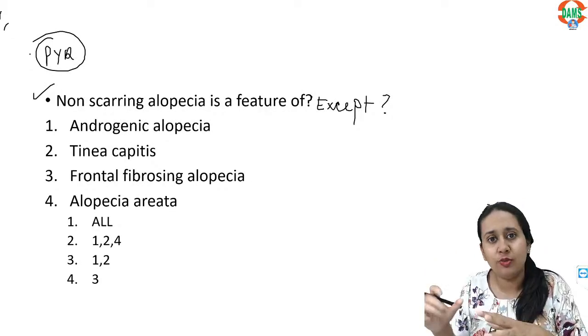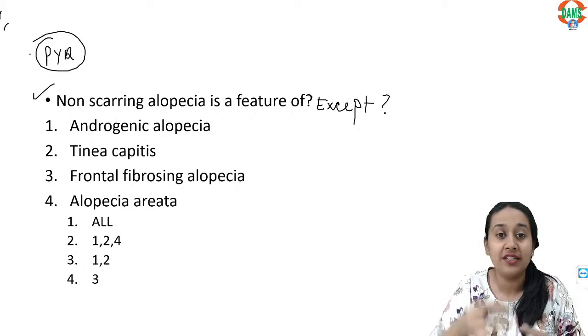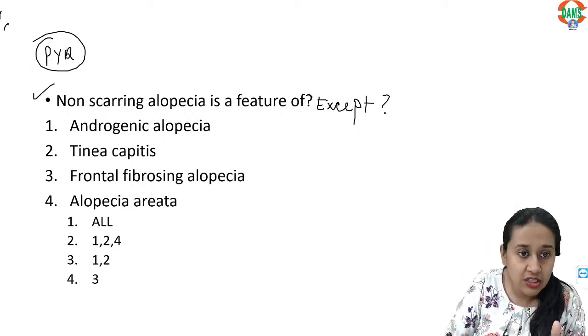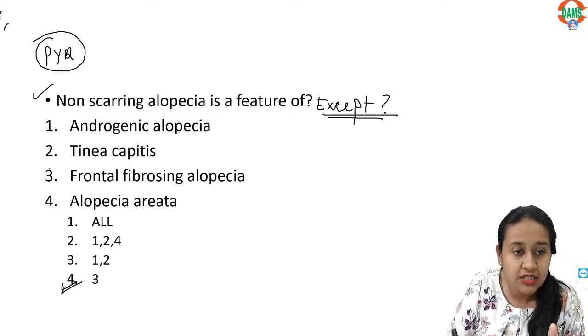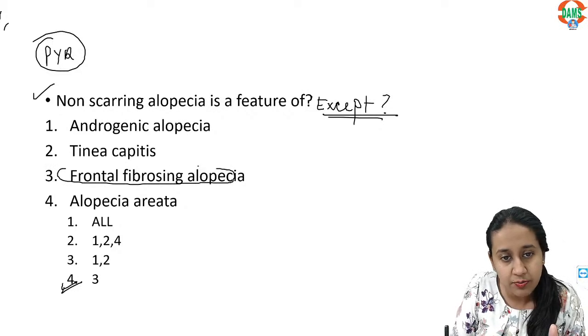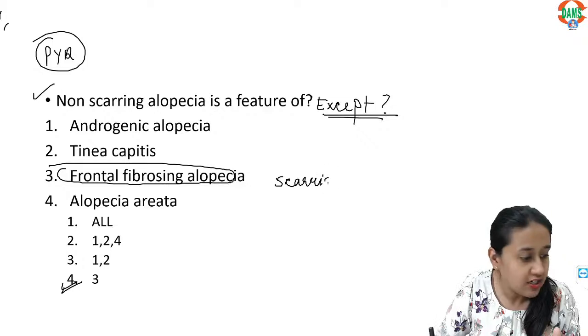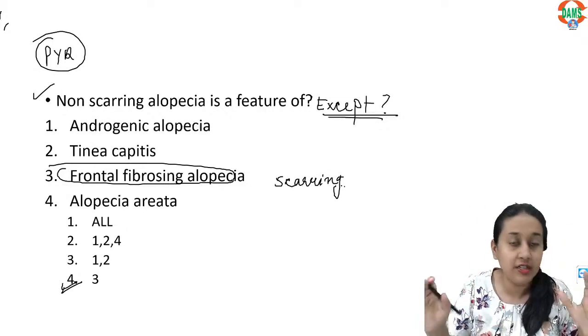While scarring alopecias are lichen planus associated alopecias, DLE related alopecias, frontal fibrosing alopecias, and there were many more. So here in this question, if they are asking you except, then the answer becomes option number 3, because frontal fibrosing alopecia is a scarring or a cicatricial alopecia. So can I get a quick thumbs up from all of you? This was a repeat question in dermatology.